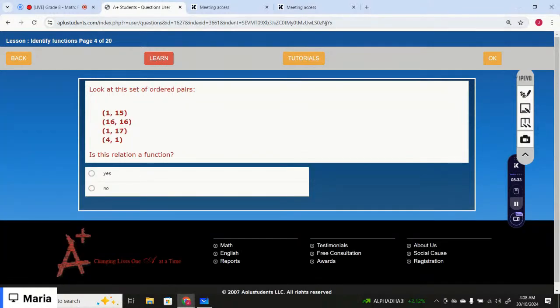Look at this set of ordered pairs. Is this relation a function?